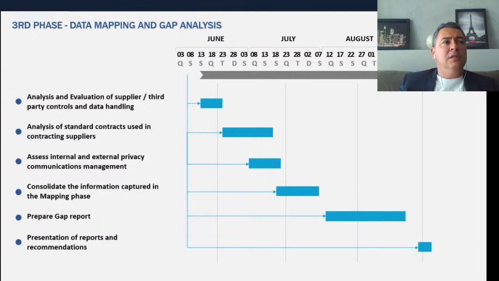Or sometimes we need to train one specific area on something specific on the data privacy regulation. For example, if during the analysis of the organization structure, we identified that there is one specific area responsible for new projects, new products, new services, and so on, new business.